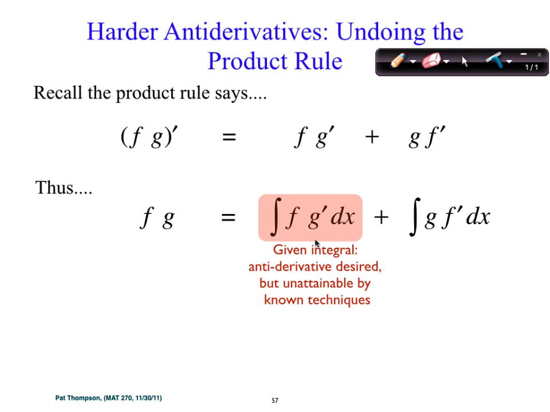It's of this form. But this is kind of unattainable by whatever our known techniques are. Okay? So then what happens is, and then this one is something that we can do, or is at least easier. Okay? So if that's the case, if we're trying to solve for this one, shaded red, and we know how to get the one shaded green, then what could we do? How could we get this?